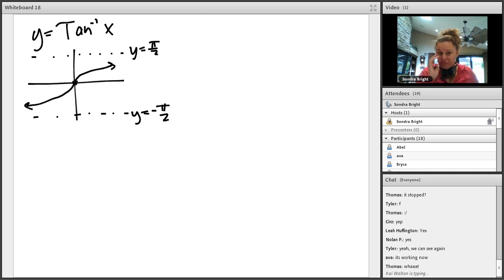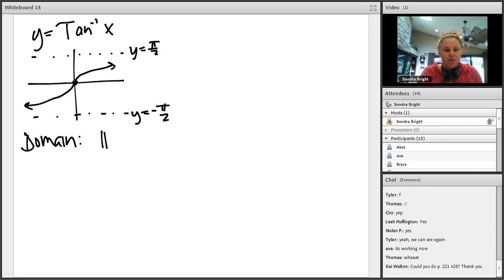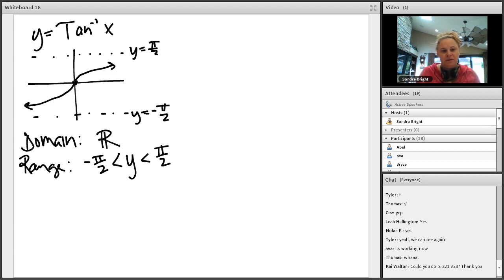Okay, so here's a graph of inverse tangent. And so your domain is all real numbers because your x values are going both directions, and your range are the y values from negative pi over 2, but those are asymptotes, right? So strictly less than, not the or equal to, and a positive pi over 2.